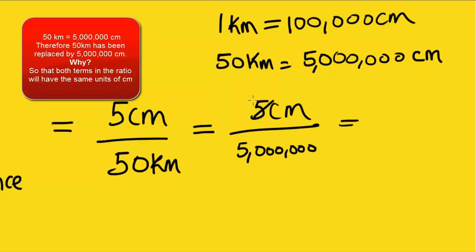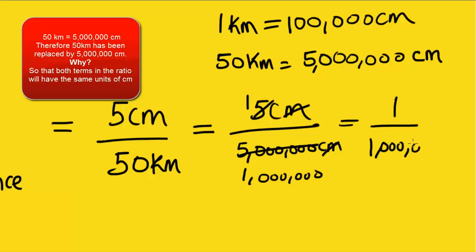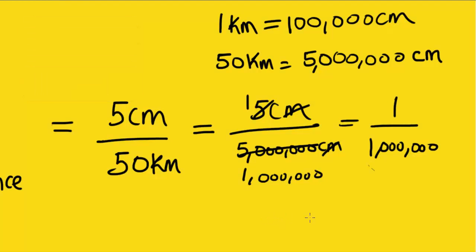Simplifying this, dividing through by 5, gives 1 over 1 million. And this is centimeters, by the way. The units also cancel out. So you have a scale of 1 over 1 million, which is the same thing as 1 to 1 million.